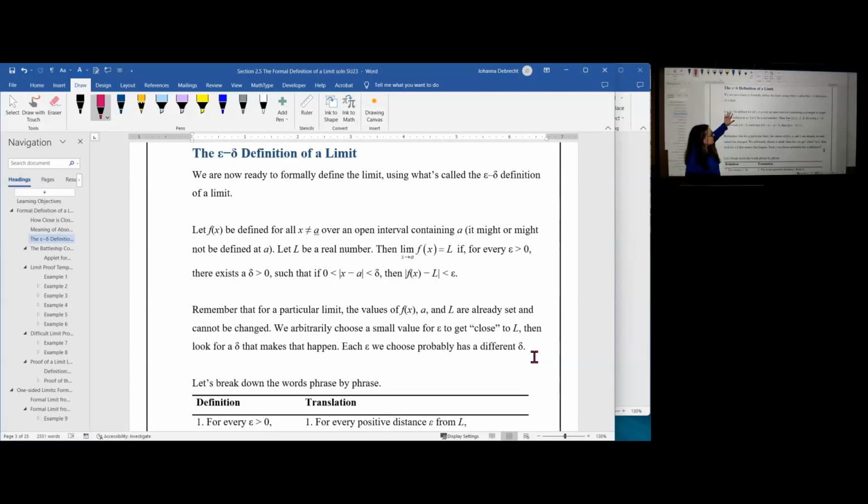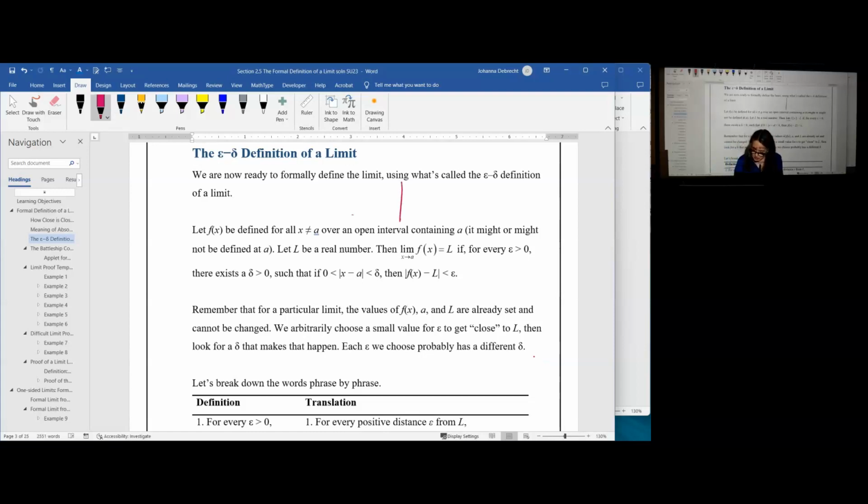Here's the statement of the limit that Augustin Cauchy developed. Let a function, f of x, be defined for all values of x except a over an open interval containing a. What does that mean?